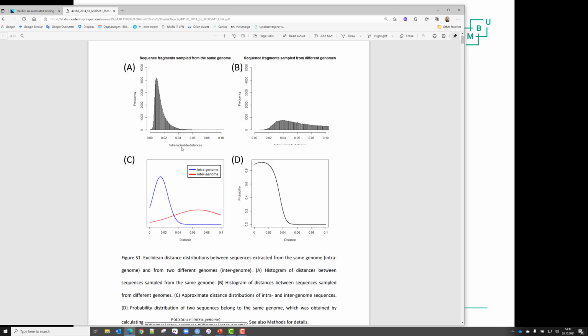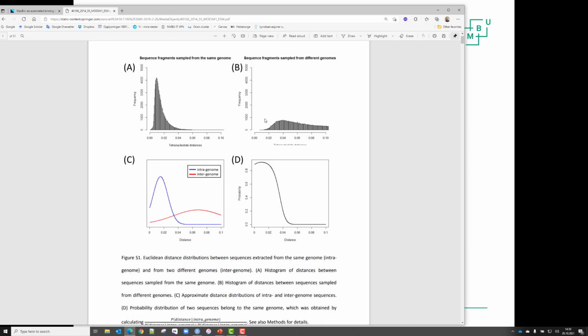You compute the Euclidean distance, and if the distance falls down here somewhere, you can say pretty certain that this is probably from the same genome, right? High probability. But if the distance is out here, the probability they are within the same genome is almost zero, right? This must be from different genomes then.